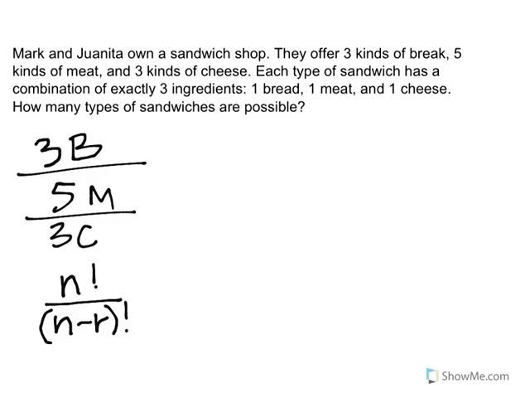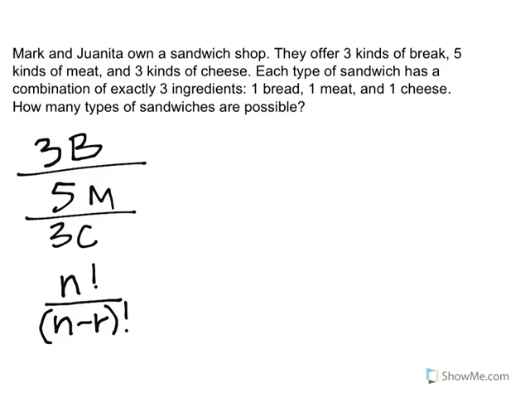For example, we have 3 kinds of bread, but you're only going to choose one bread. So you would plug 3 in for n and 1 in for r. If you were able to choose 2 types of bread, then you would plug 2 in for r.